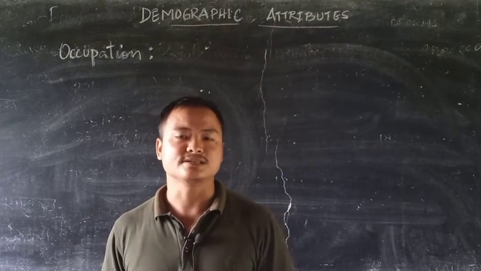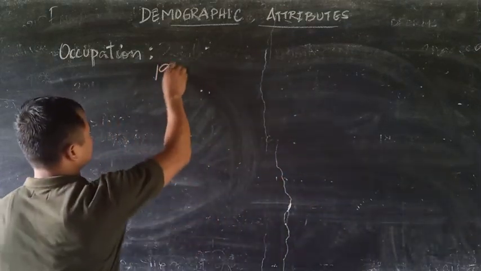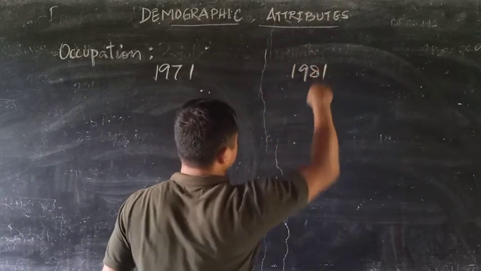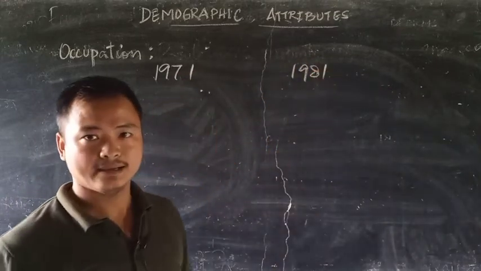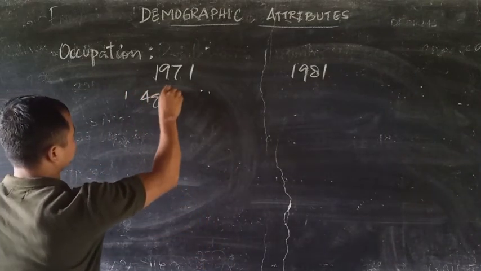There were slight changes in it, of which we see the 1971 census and then came the 1981 census. In 1971, we found agriculture.